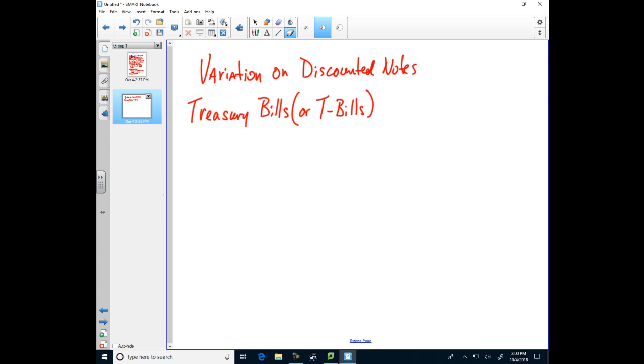T-bills are, of course, sold by the U.S. Treasury, and there could be other treasuries in different countries that do this, probably.